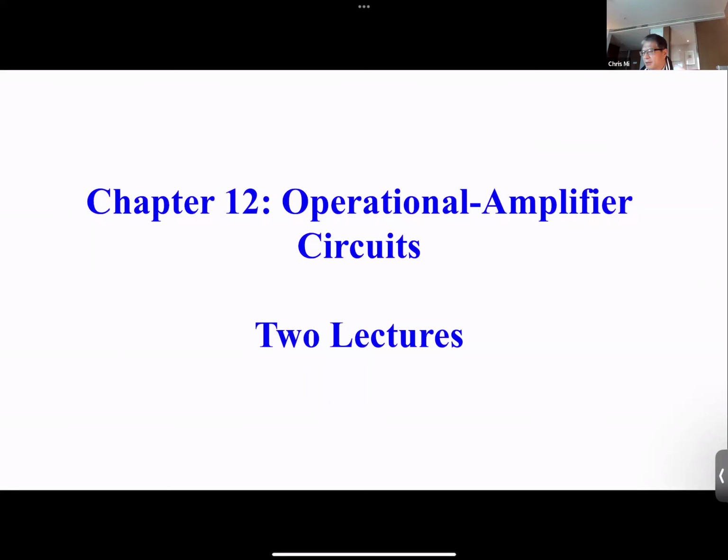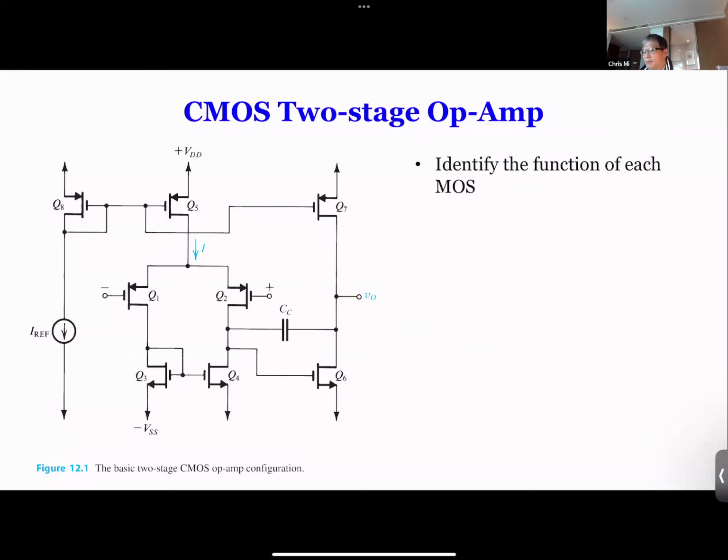So let's dive into the contents for today. The idea that we study the operational amplifier in this chapter is that so far we have studied amplifiers, and we'll do a review next week as well. We studied the small signal circuits for BJTs and MOSFETs. Then in chapter 7, we discussed simple amplifiers like the single-stage, single-transistor amplifier.